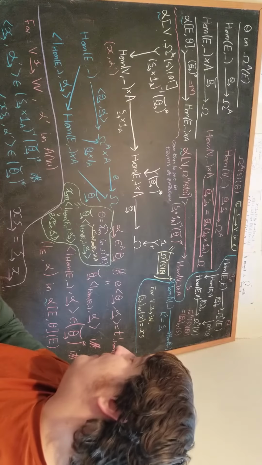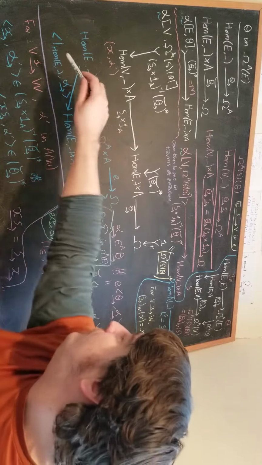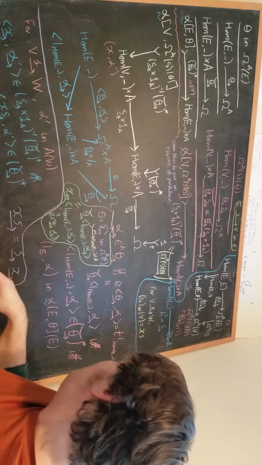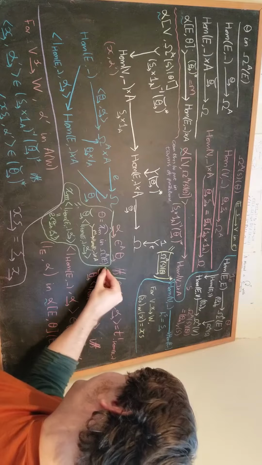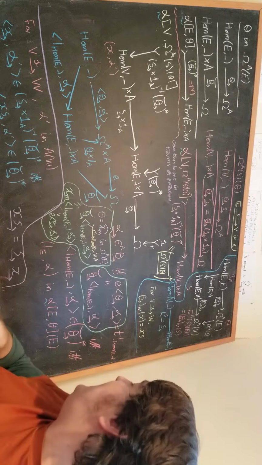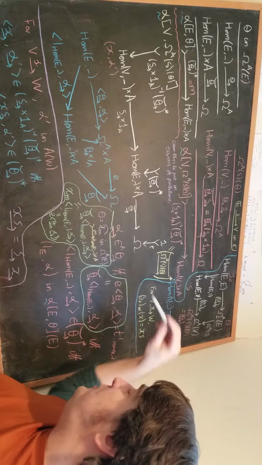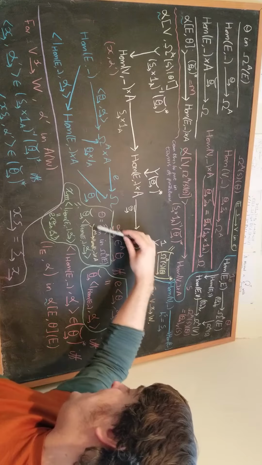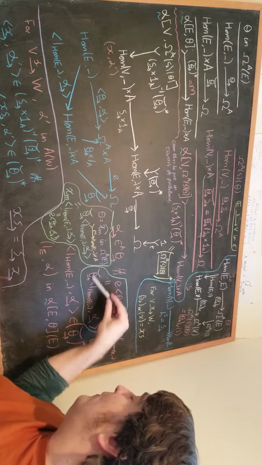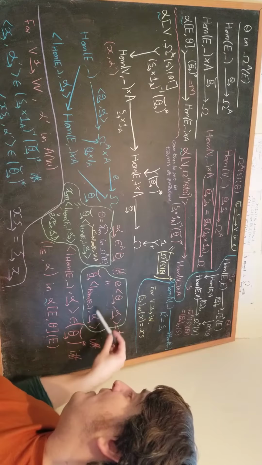Well, because this diagram commutes, we have this equation here. And if we substitute this formula here for theta, we find that this bottom line is much easier to deal with.